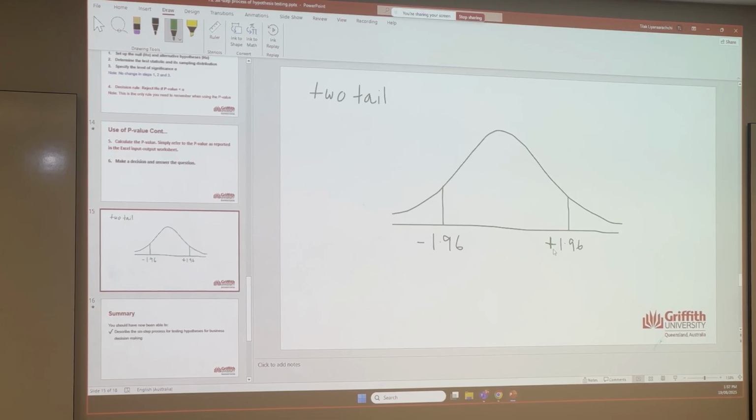These are the critical values, and this side is called the H0 rejection region. If your critical value is 1.96, this is called the rejection region. This is also the H0 rejection region.